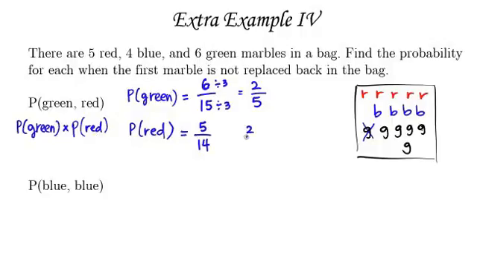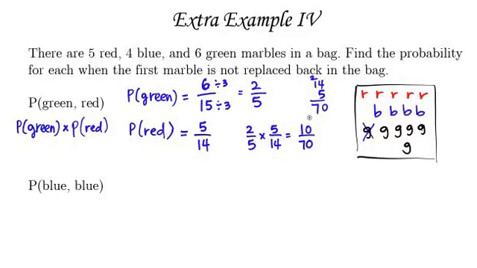So 2/5 times 5/14. 2 times 5 is 10. 5 times 14, 14 times 5, we do this, right? That's 20. 5 times 1 plus the 2 is 70.